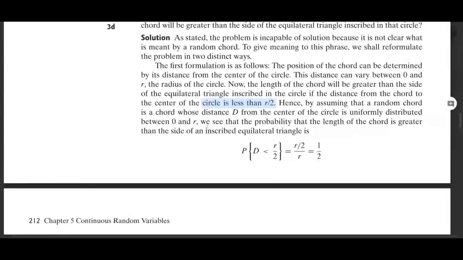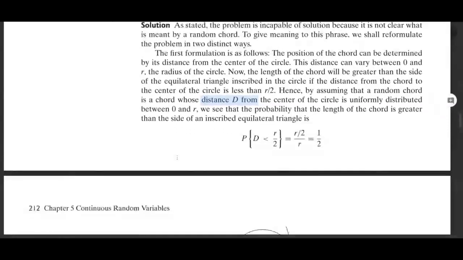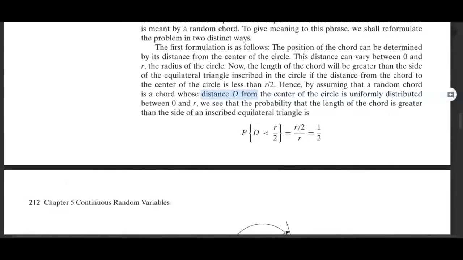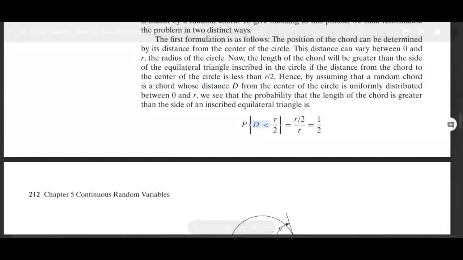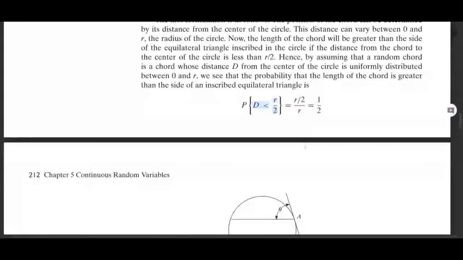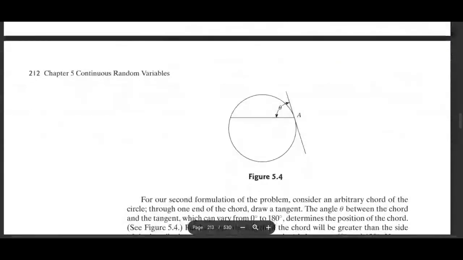Then by assuming that a random chord is a chord whose distance d from the center is uniformly distributed between 0 and r, the probability that the length of a chord is greater than the side of an inscribed equilateral triangle is the probability of d less than r over 2, which is r over 2 divided by r, which is a half.